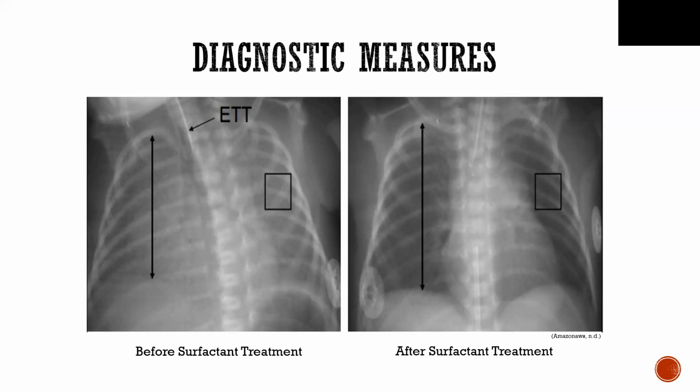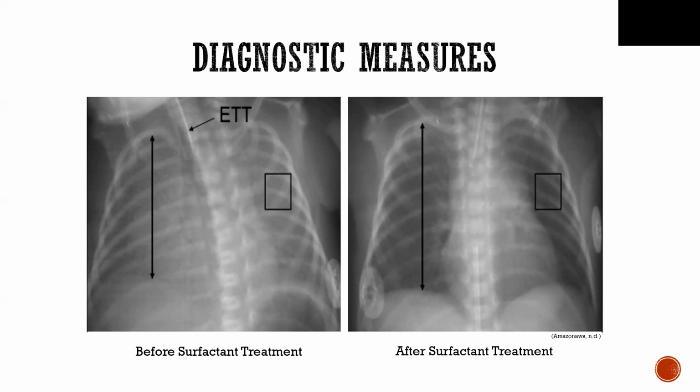The image on the left was taken again before the treatment and demonstrates a very hazy image. And this haziness is due to a lack of oxygen. That's why it looks very hazy. You can't even see the internal organs.